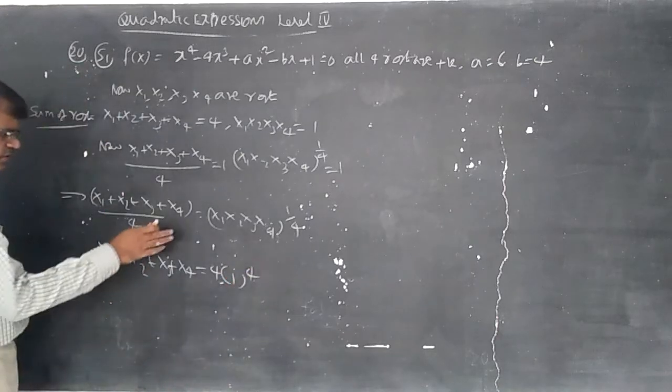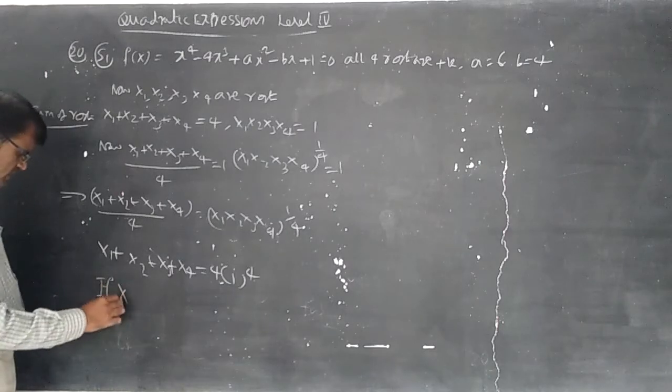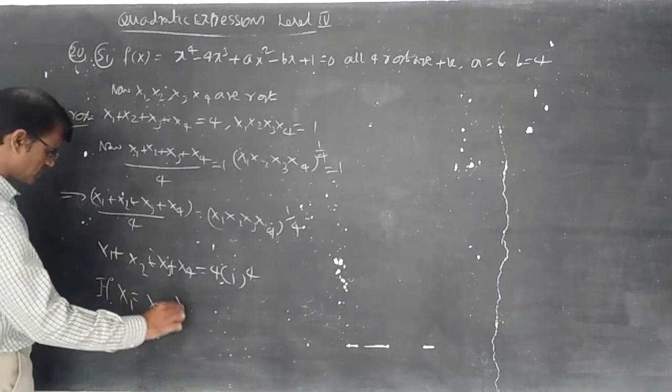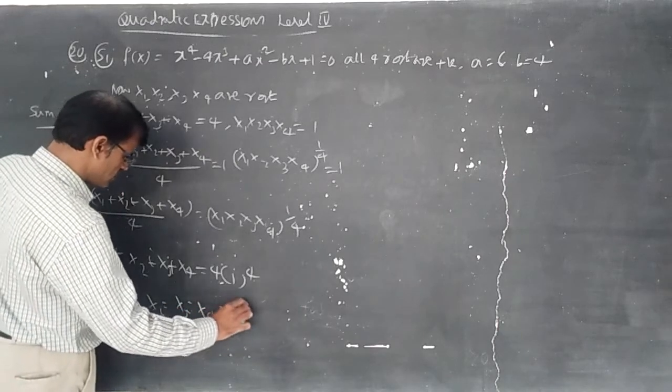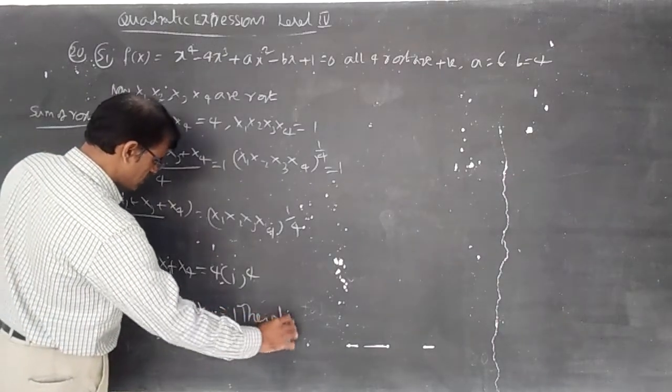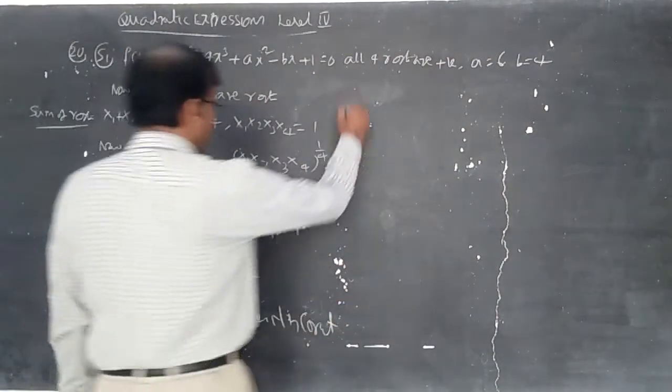So where does it happen? If x1 is equal to x2 is equal to x3 is equal to x4 is equal to 1, then it is correct. So all roots are equal.